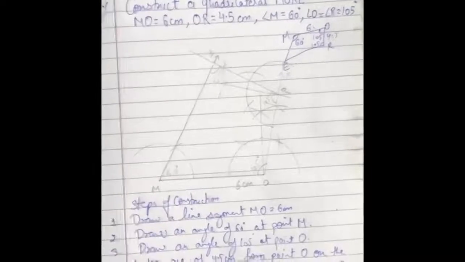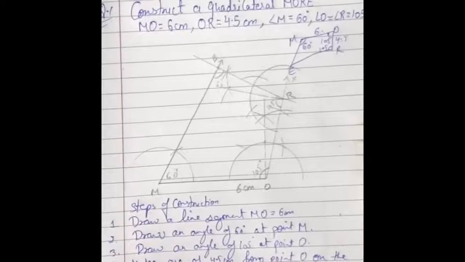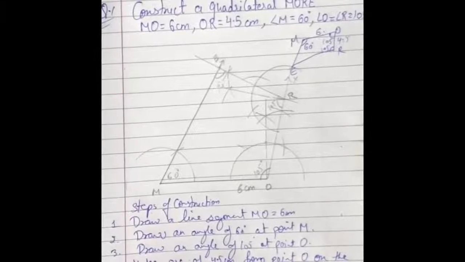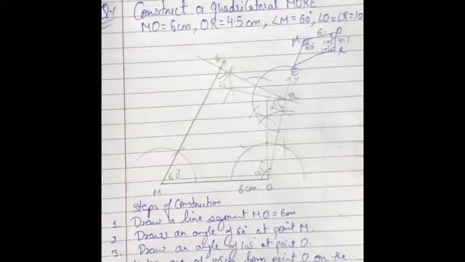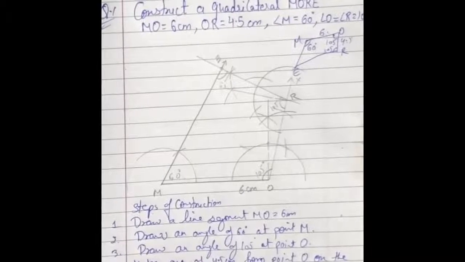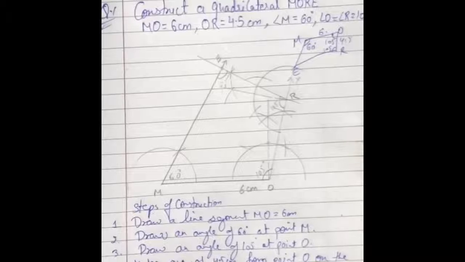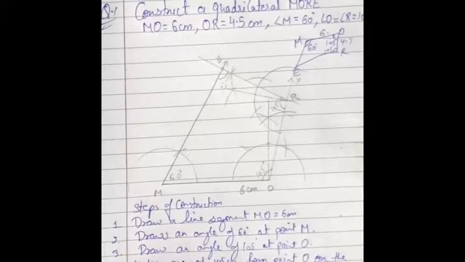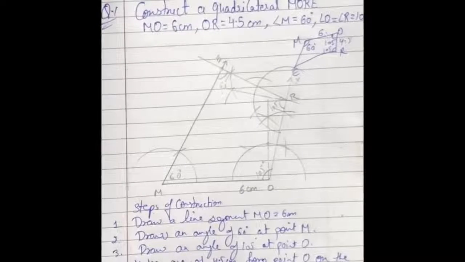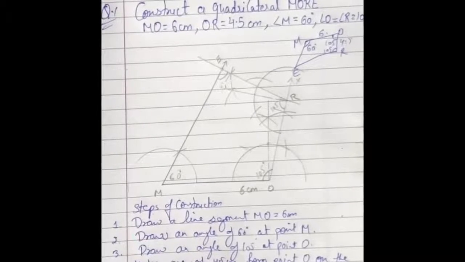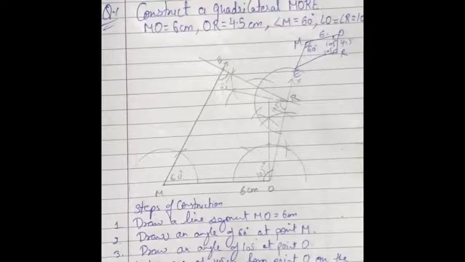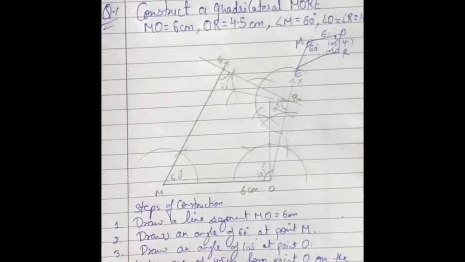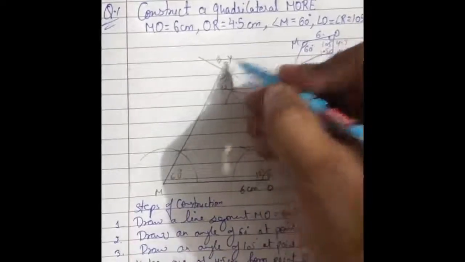Okay, now the fifth point, draw an angle of 105 degree from point R and the ray cuts the ray MY at point E. This is MY.